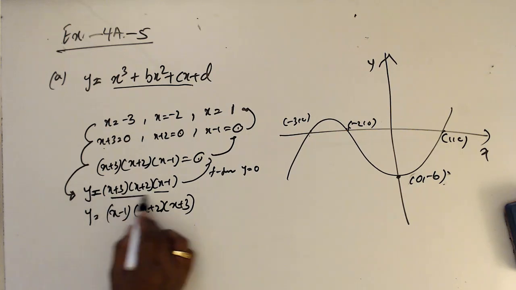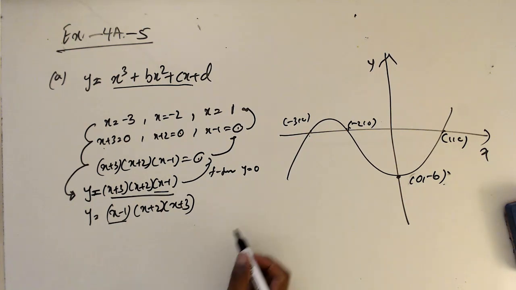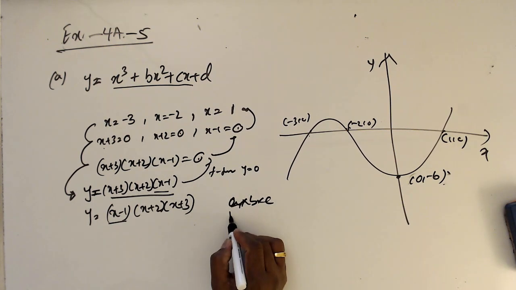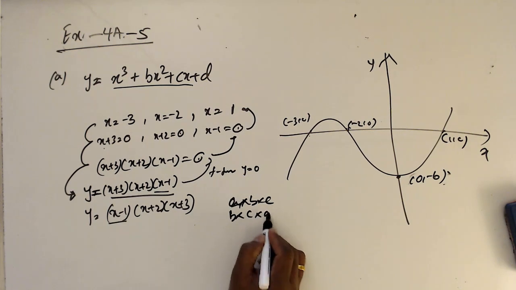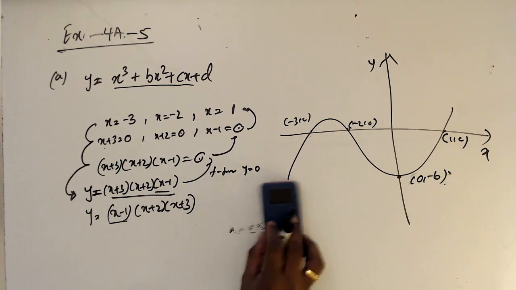You can now multiply. I take x minus 1 to the front, because a times b times c, you can interchange because it's a multiplication.